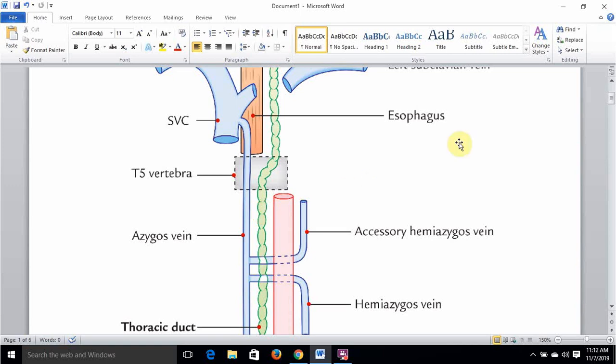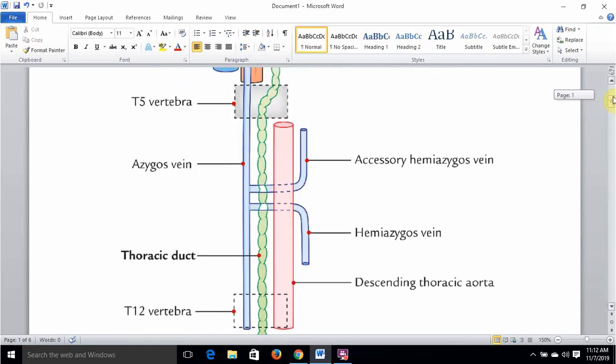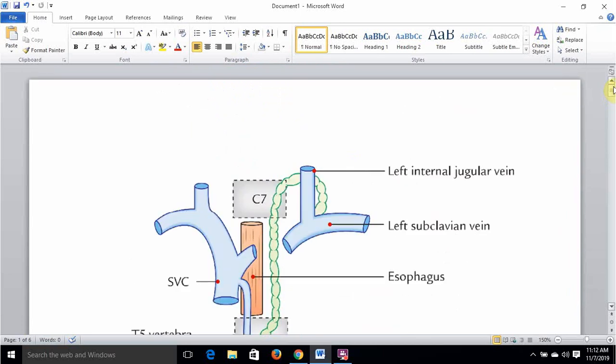What about its course? First of all, I'll give you theoretical points and I'll show you the points in the diagram. So it is a continuation of the upper end of the cisterna chyli, right? Generally when we're talking about arteries and veins, we say that, for example, the brachial artery is the continuation of the axillary artery.